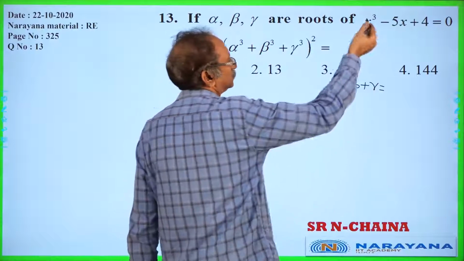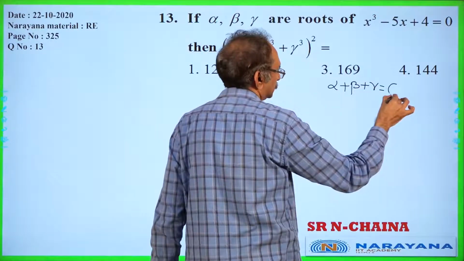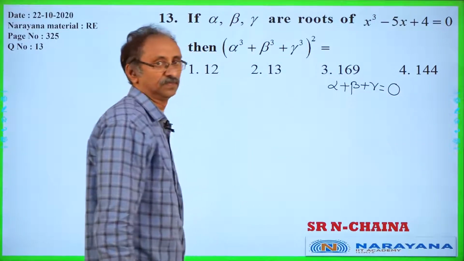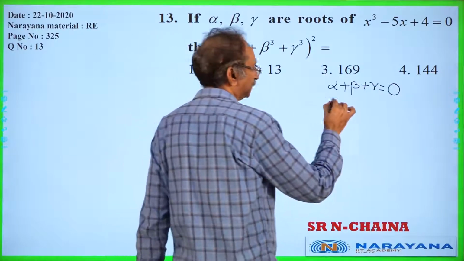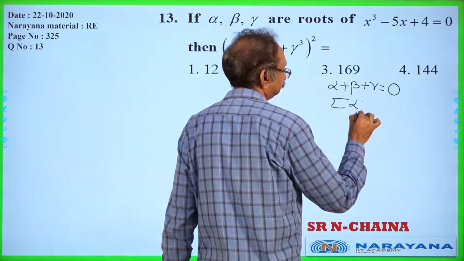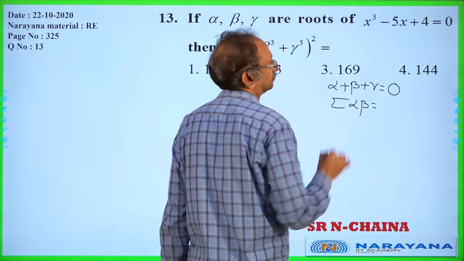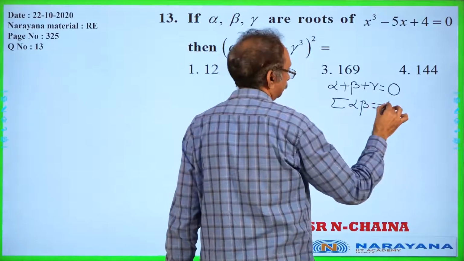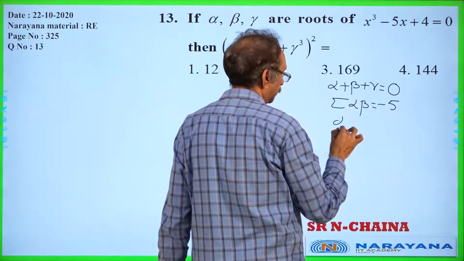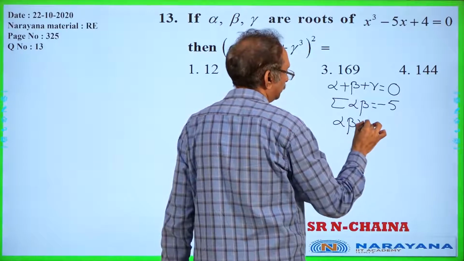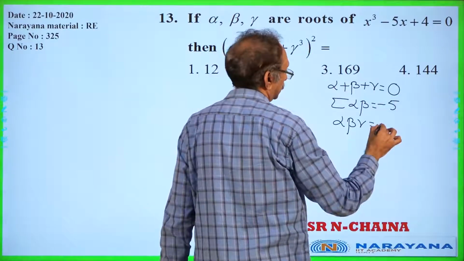What is sum of the roots? There is no x square term, that is 0. Okay. And what is sigma alpha beta? That is minus 5. And what is product of the roots, alpha, beta, gamma? That is minus 4.